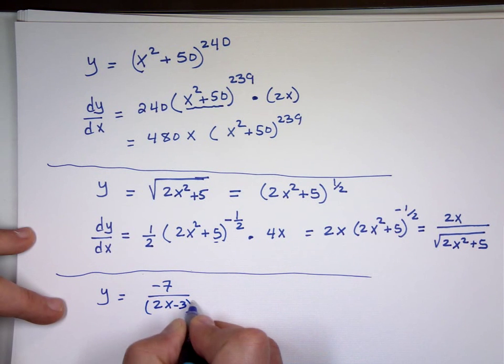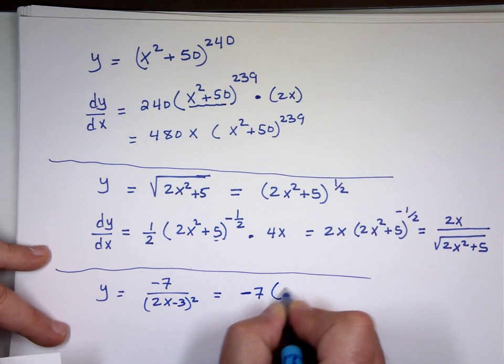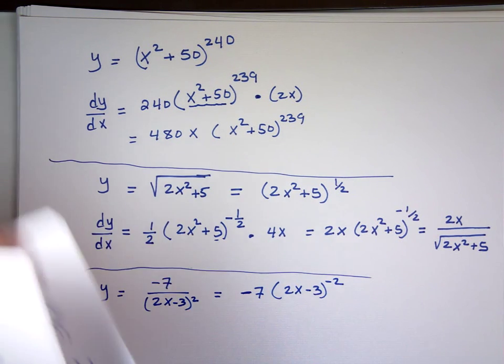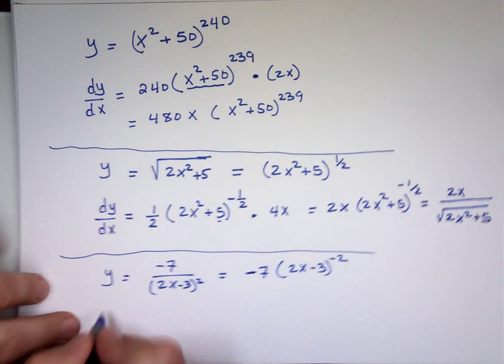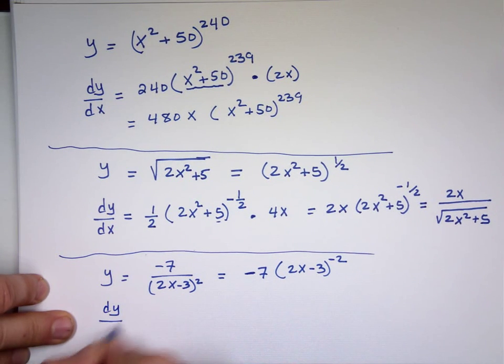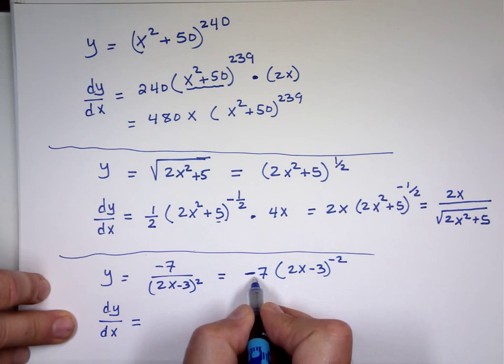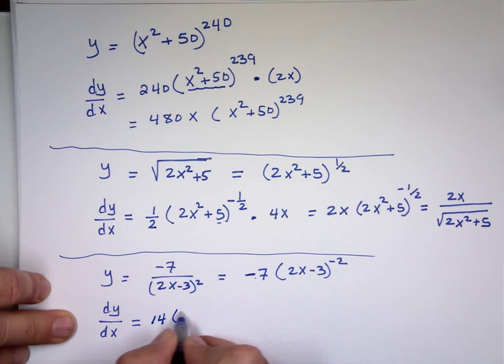You can write that negative 7 times 2x minus 3 to the negative 2. And here we go. The derivative in one line. Negative 2 times the negative 7. 14. That's 14 times 2x minus 3.